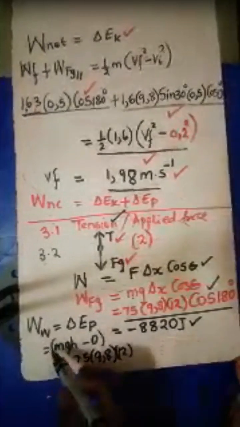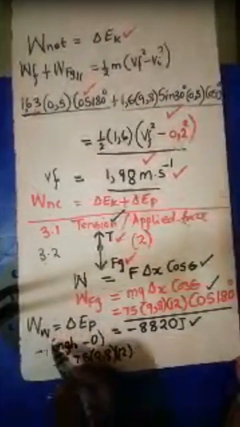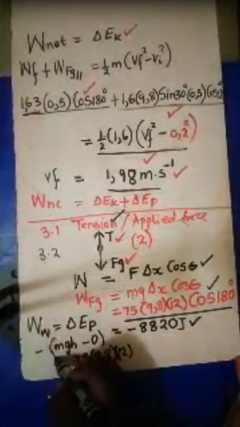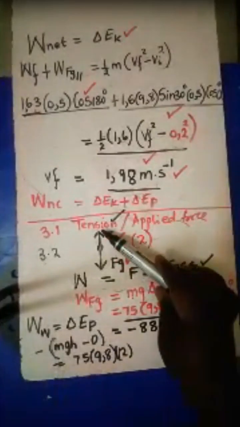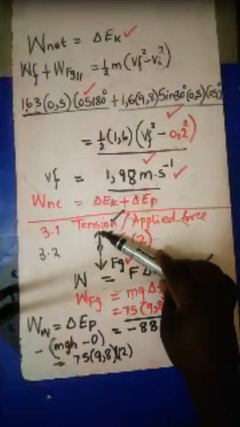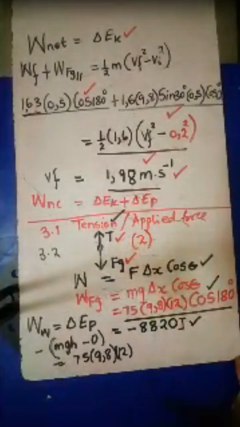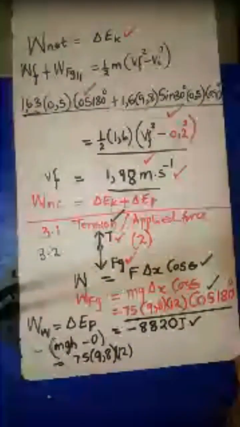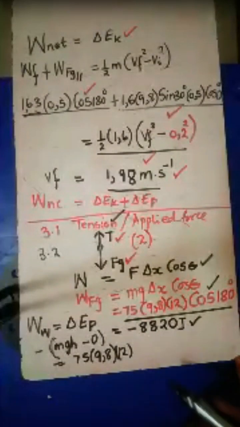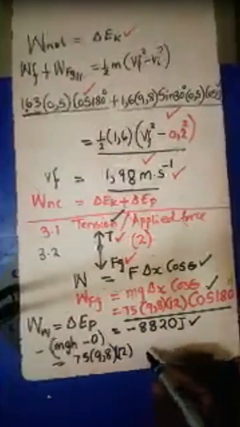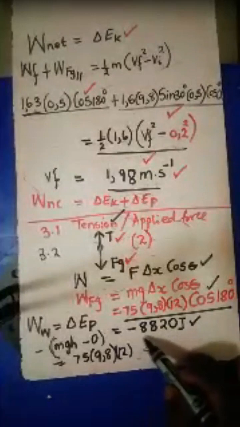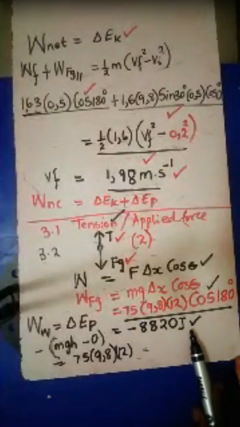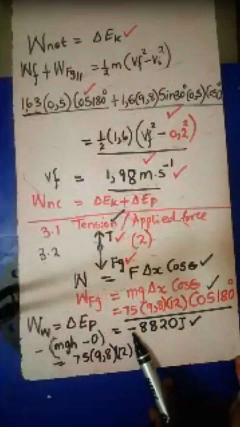But remember, this was final minus initial. Final is MGH, minus initial, it was on the ground. So you're still going to get minus 8820. Whatever method you use, your answer must come with a minus.